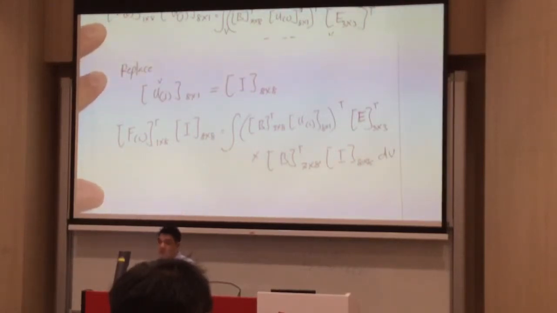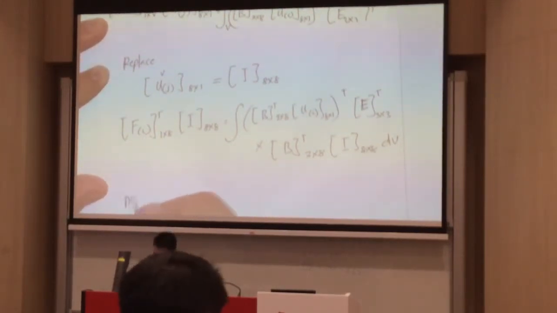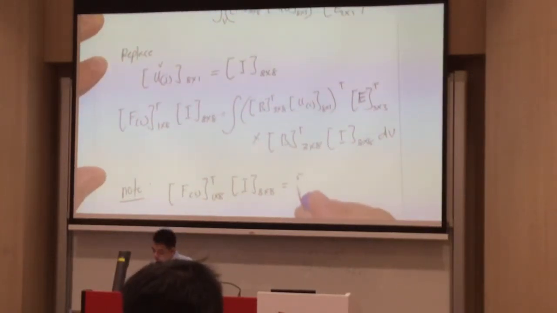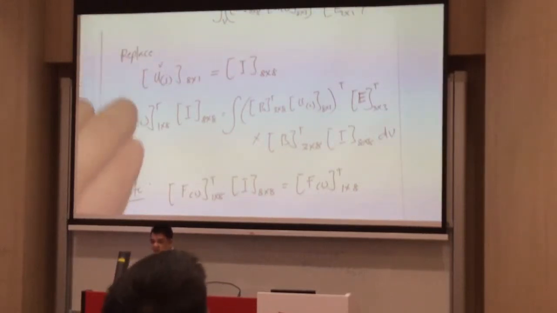So take note. We have to note here that we have this force transpose, 1 by 8, and we multiply it by an identity matrix, 8 by 8, meaning that this one is a diagonal matrix with values of 1. So this one will simply be equal to Fi transpose, 1 by 8, because take note, this is 8 by 8 with all the diagonals equal to 1 and the other values 0.